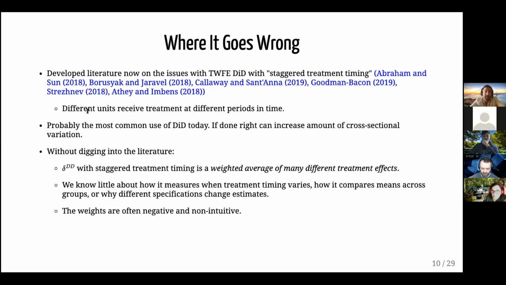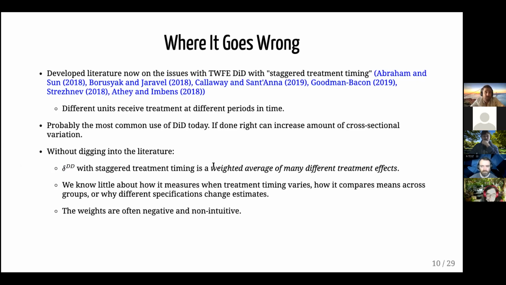But mathematically, it turns out that we get some really weird estimators when we do this. Without digging into this estimator too much, all I'll say is that the two-way fixed effects estimator, which we just called the delta DD, with staggered treatment timing, is a weighted average of many different treatment effects.